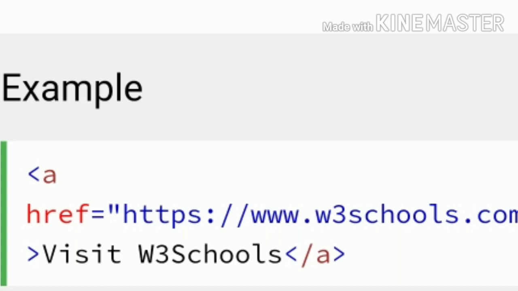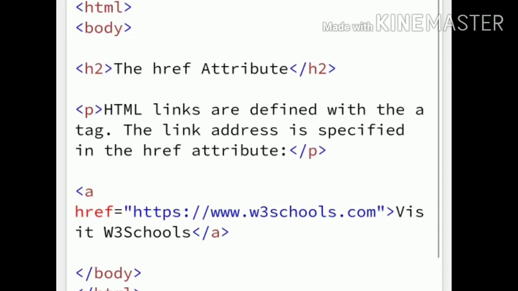Closing h2. Now we can start the paragraph. HTML links are defined with the a tag, within double quotation. The link address is specified in the href attribute, paragraph closing p.